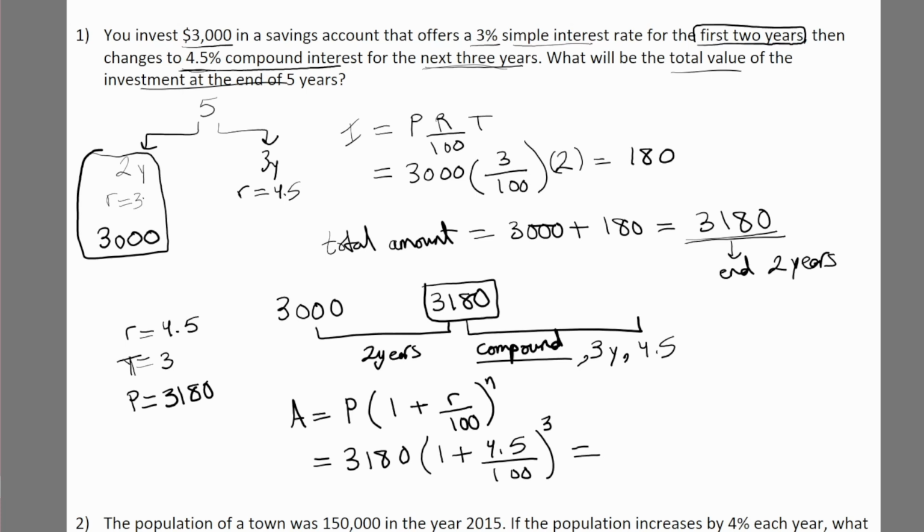You can just go ahead and plug this on the calculator. And we get 3,628.9. Now the question did not specify a unit of round, so I'm going to round this to 3 significant figures, so it's going to be 3,630.